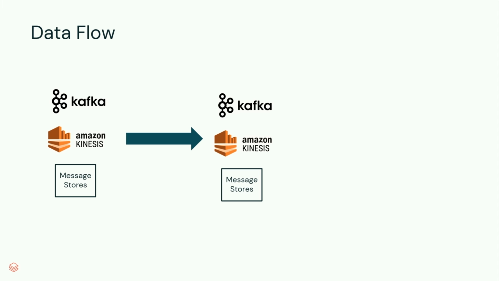The data flow on these operational workloads indicates that the data available in Kafka, Kinesis, or any message store has to be processed, and you have to write it back to some of these message stores or operational databases like OLTP or DynamoDB.